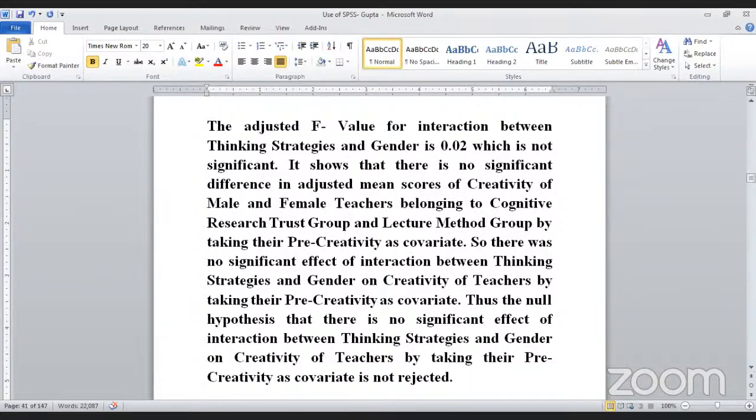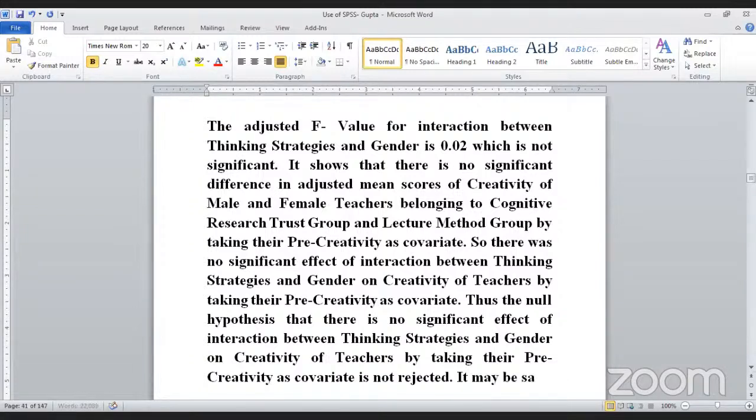A graph is to be plotted only and only if your adjusted F value is significant in case of analysis of covariance. And in analysis of variance also, if your interaction F value is significant, then you plot. Otherwise, you need not plot.